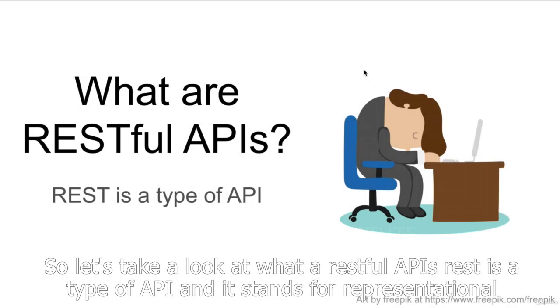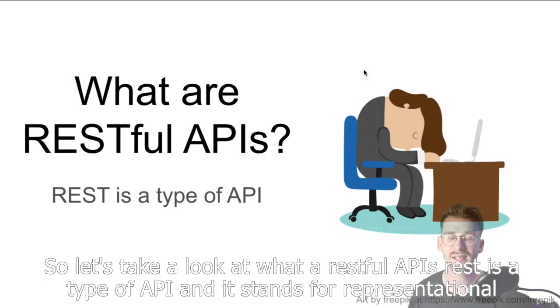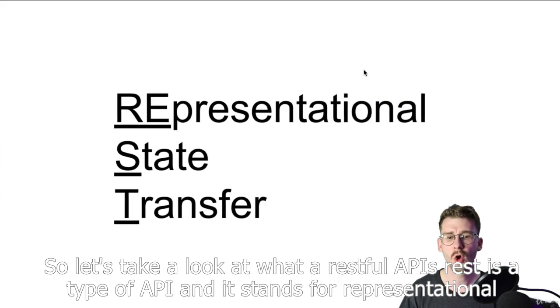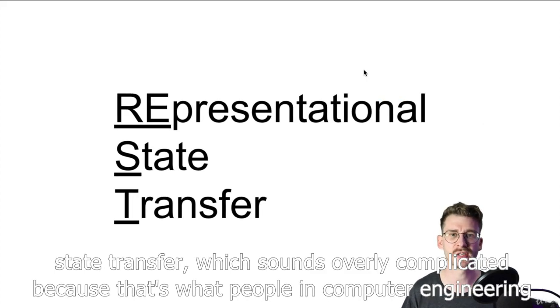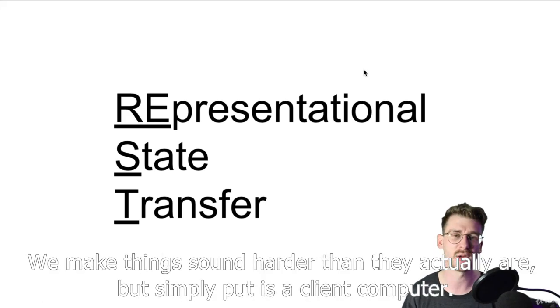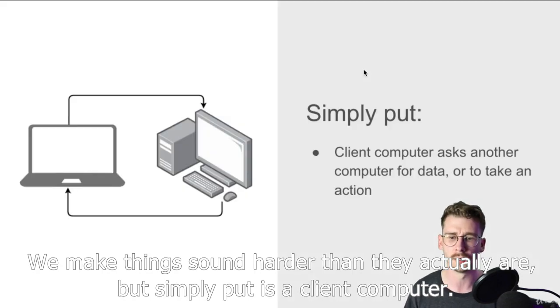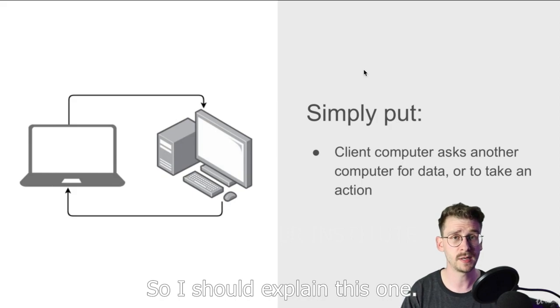So let's take a look at what a RESTful API is. REST is a type of API and it stands for Representational State Transfer, which sounds overly complicated because that's what us people in computer engineering, computer science do. We make things sound harder than they actually are. But simply put, a client computer, so I should explain this one.